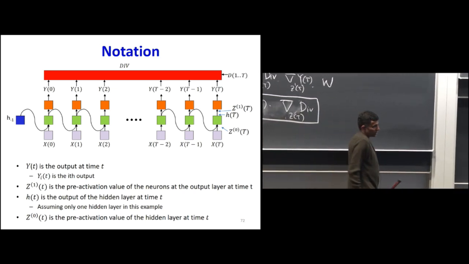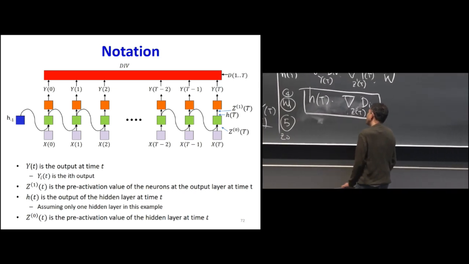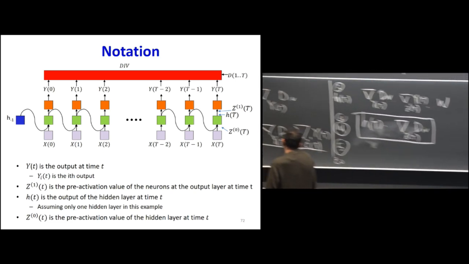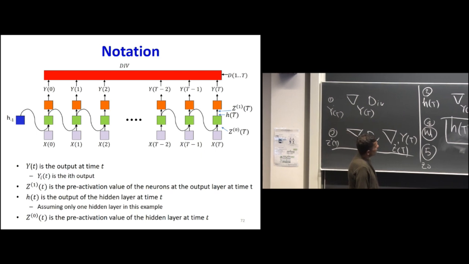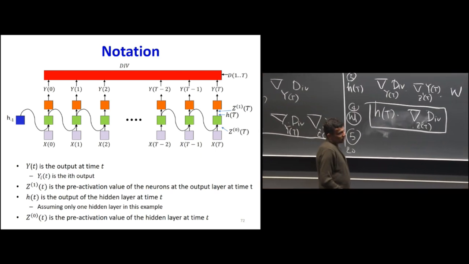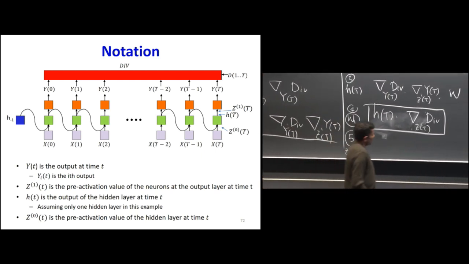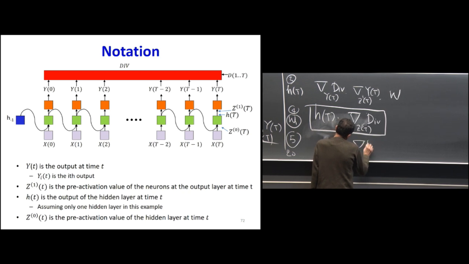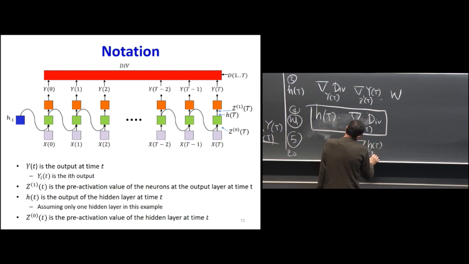Post-multiplied Jacobian. We're going to post multiply which one? Which term? I have several terms over here. Gradient of ht with respect to z0. No, so the gradient of ht with respect to z0 of t.